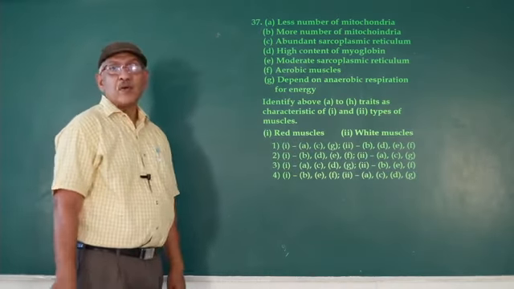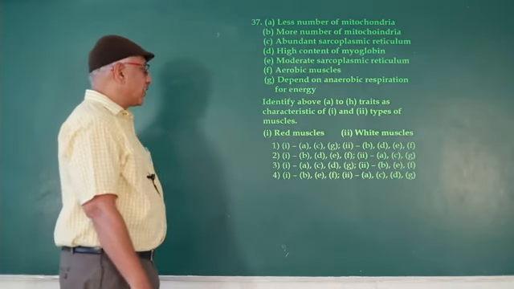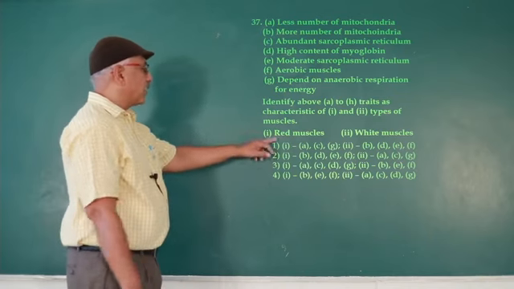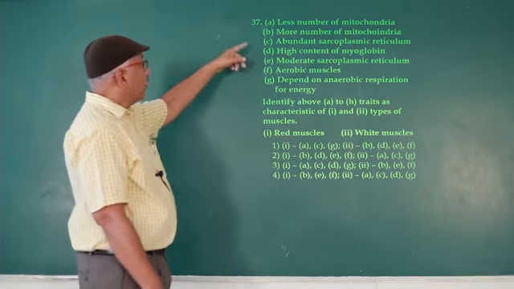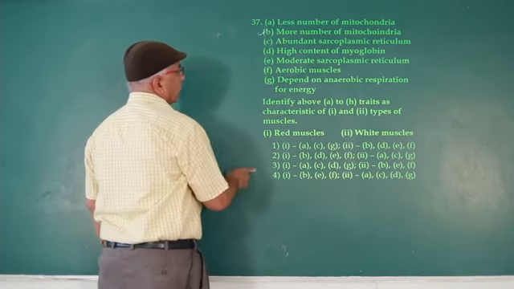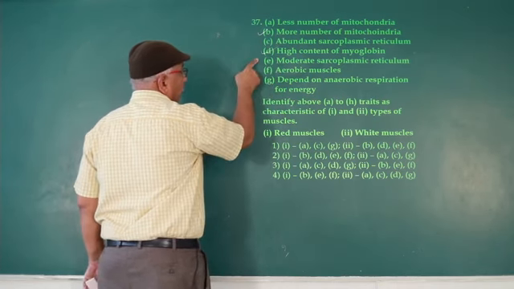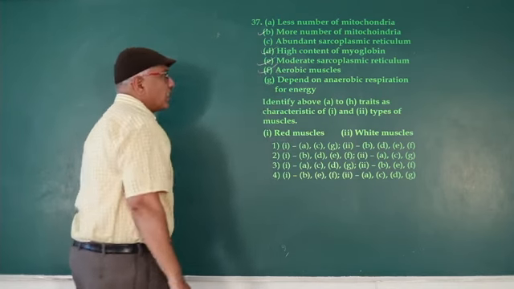So they have given some options. You identify options related to red muscles and options related to white muscles. Less number of mitochondria, that is white muscle. More number of mitochondria, red muscle. Abundant sarcoplasmic knot, high content of myoglobin, moderate sarcoplasmic reticulum, aerobic muscles.